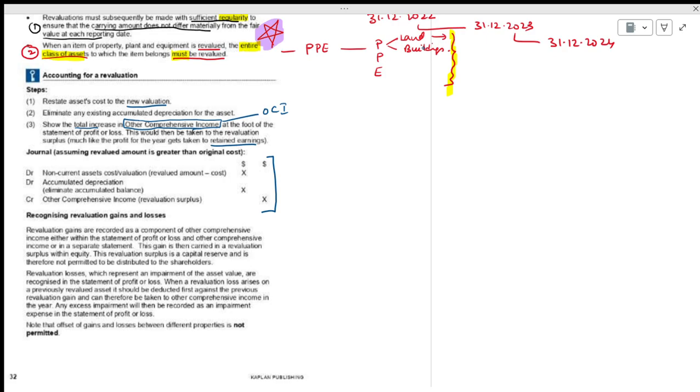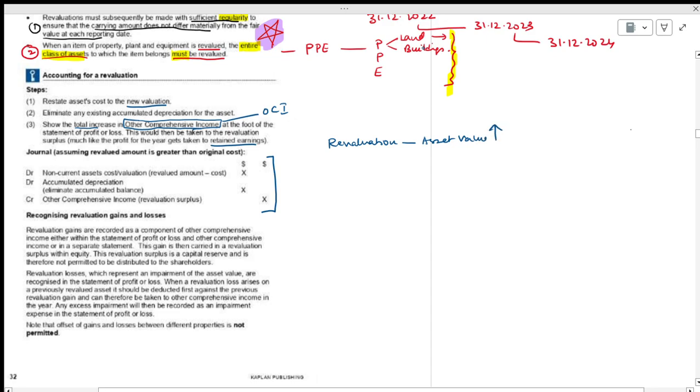Now what will happen when you are doing the revaluation? When you are doing the revaluation, the value of the asset will increase 99%, in most of the cases. Whenever there is a revaluation, the asset value will increase.